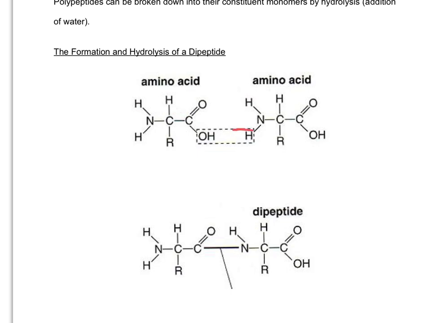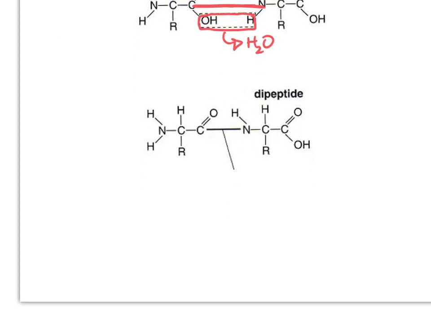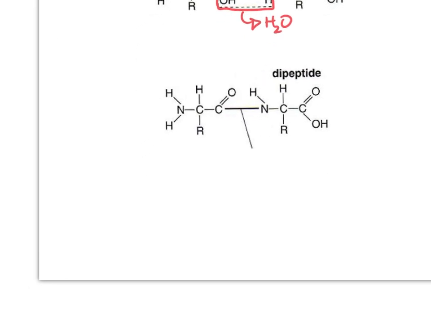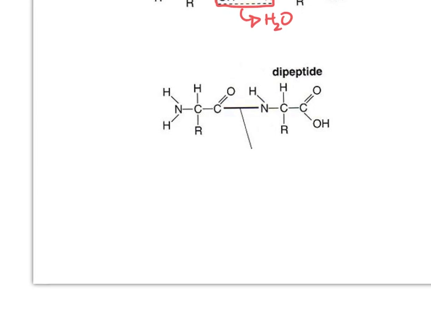We can see we've got H and O and H there, so that comes out. And we've got water, and that just joins over there to make this bond. And what's the name of the bond that's formed, Amy? Can you remember? Peptide bond. So on the diagram, you can label that as a peptide bond.